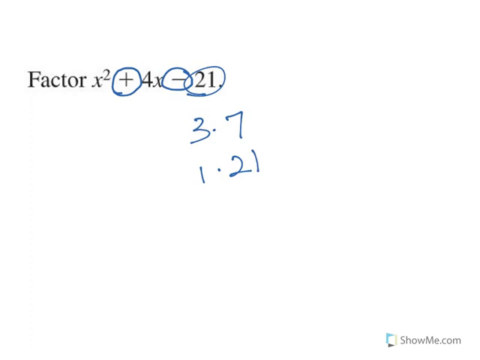Okay. Now, C is negative, right? So if C is negative, then one of your factors has to be negative, okay? B tells you which one.